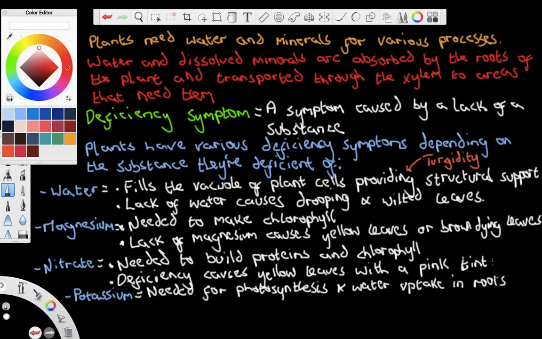If a plant is deficient in potassium, it will have yellow leaves and poor flowering. So deficiency causes yellow leaves and poor flowering.